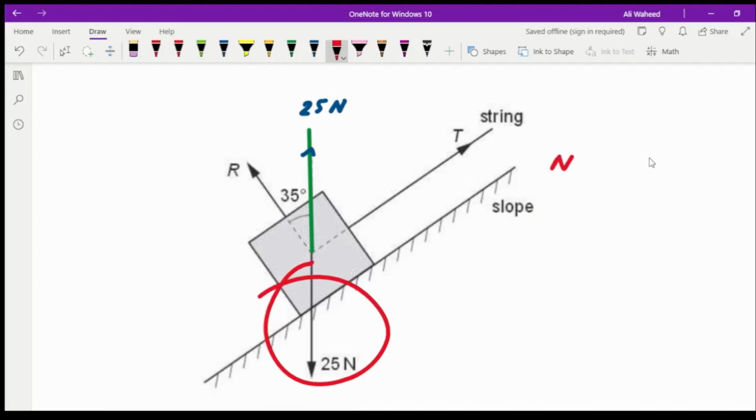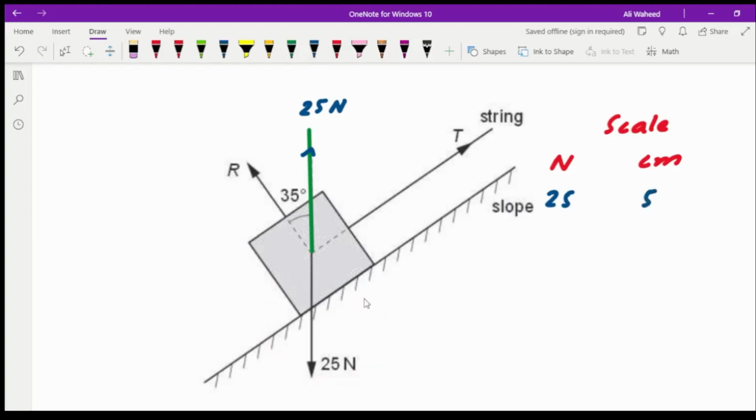So you can convert Newton to centimeters to form a scale. So you can see this vector 25 Newton, how much is that? Let's say, in terms of centimeters, it is 5 centimeters. So you draw the first vector over here, like this.